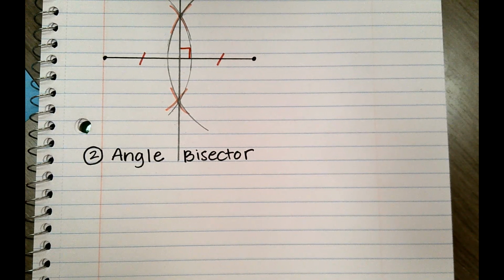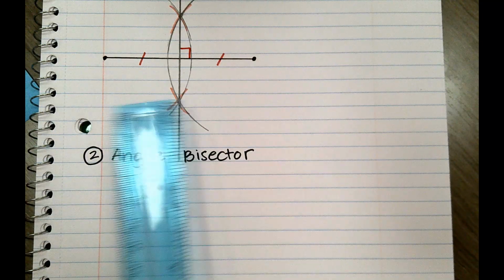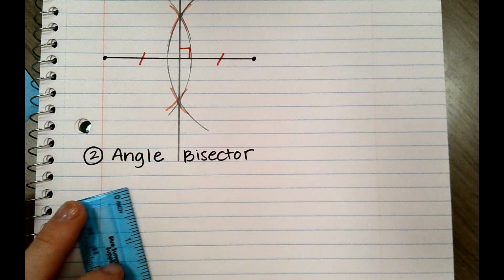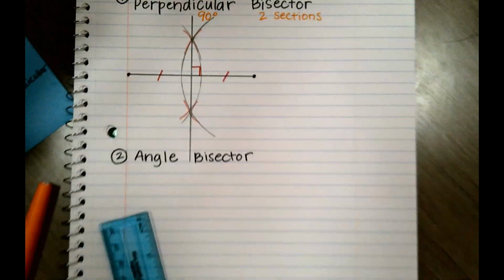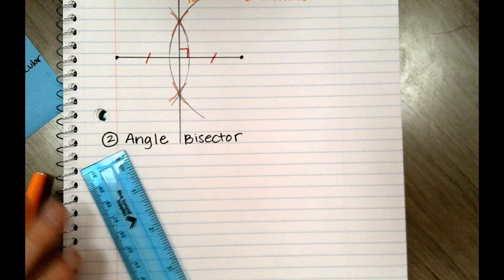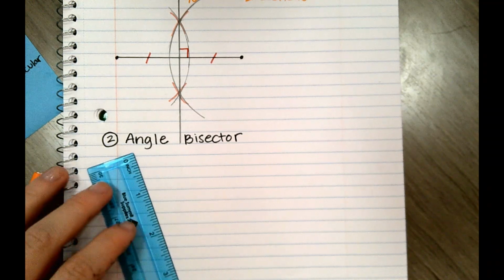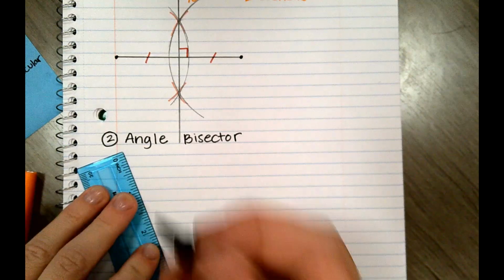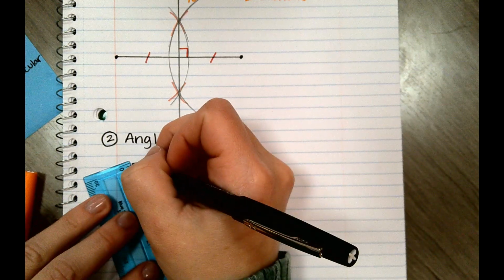Okay. So for the angle bisector, we can draw all sorts of different angles. I'm going to start. Let me make this a little bigger. I'm going to start with a line that's tilting kind of this way. We're going to make an obtuse angle.